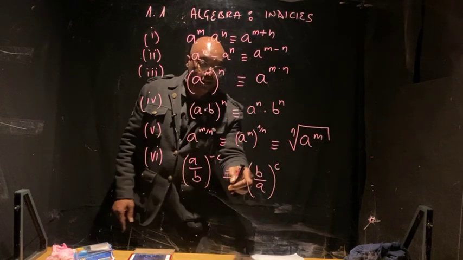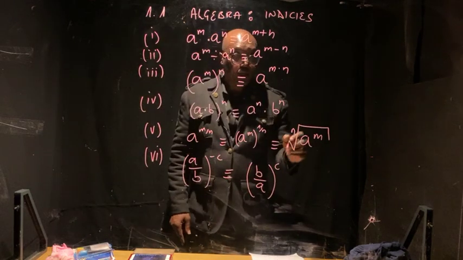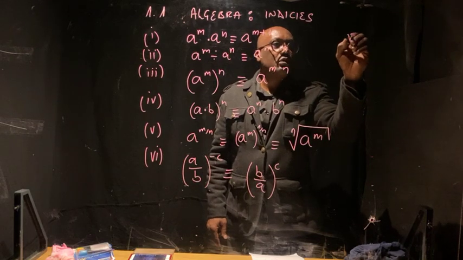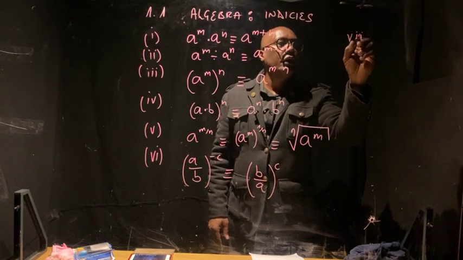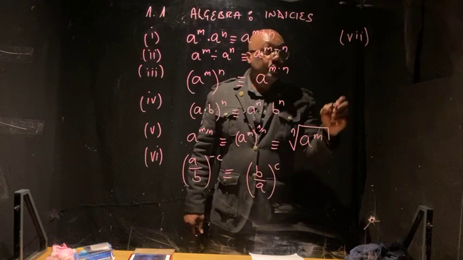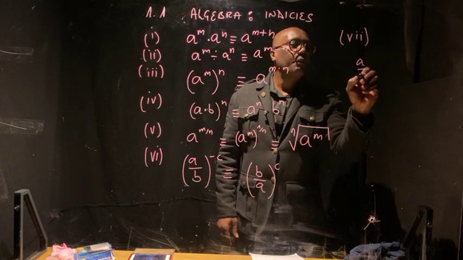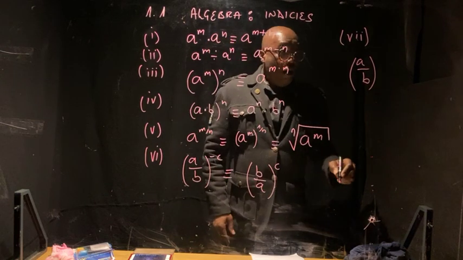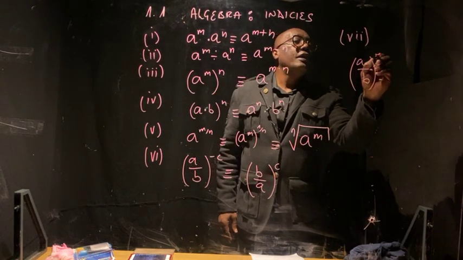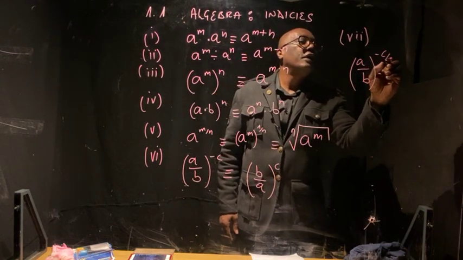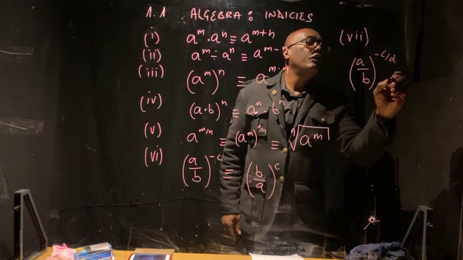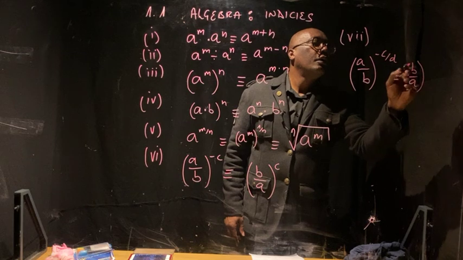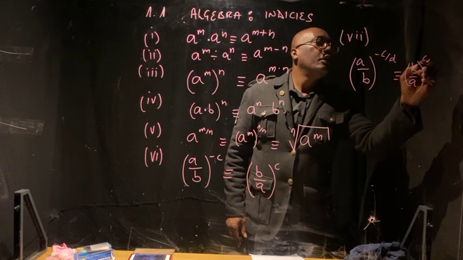And the next one is similar to this one, which is law 7, I will call it. It says that a over b raised to the power negative c over d is not different from b over a raised to the power c over d.